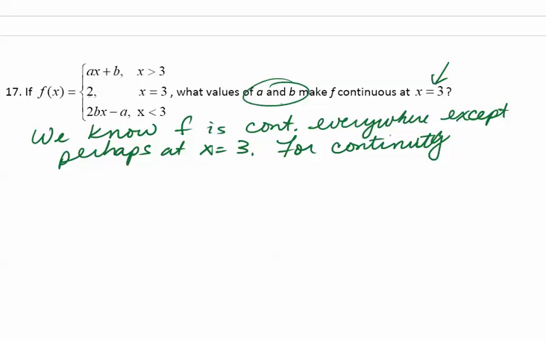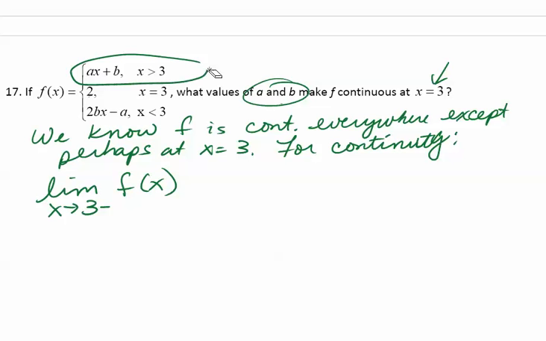For continuity, here's what we require. We need the limit as x approaches 3 from the small side of f of x to be equal to the right-hand limit as x approaches 3 of f of x. Whoops, I better read it the other way around, this is kind of written upside down. Smaller than 3 would be this piece of the graph.